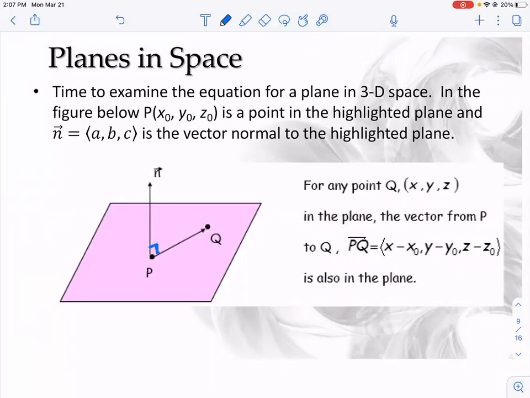PQ, terminal minus initial, would be x minus x naught, y minus y naught, z minus z naught. Okay, if N, the vector ABC, is perpendicular to the plane, what do we know about these two vectors? Which means?